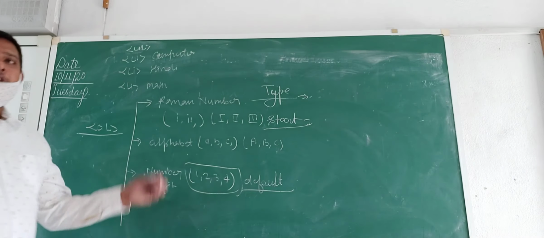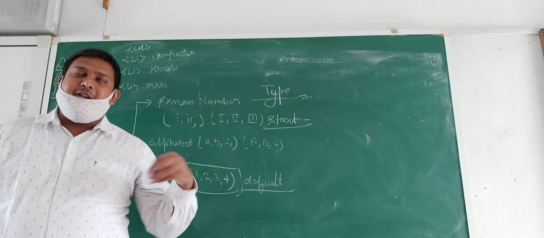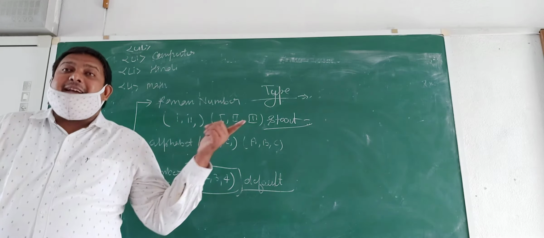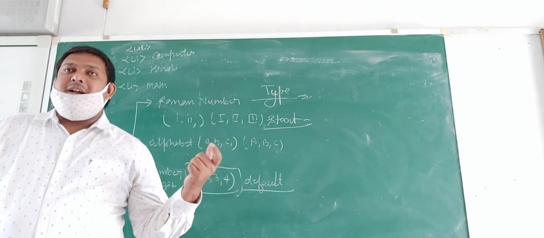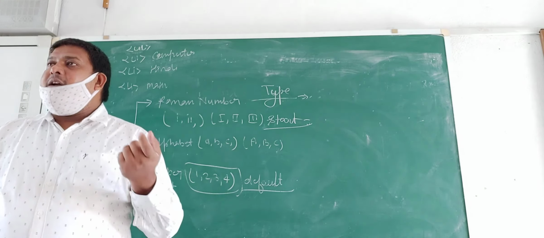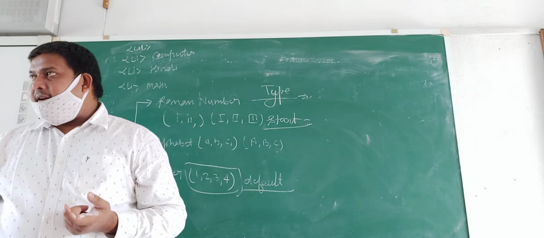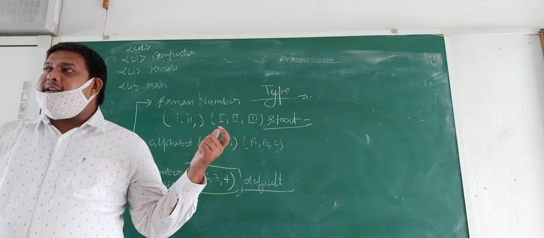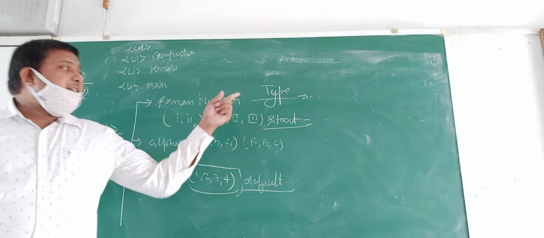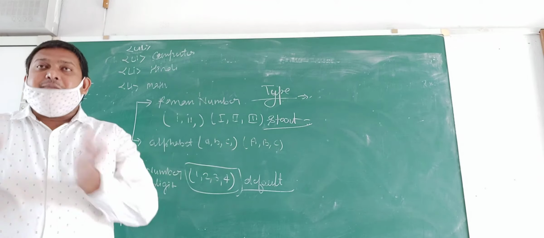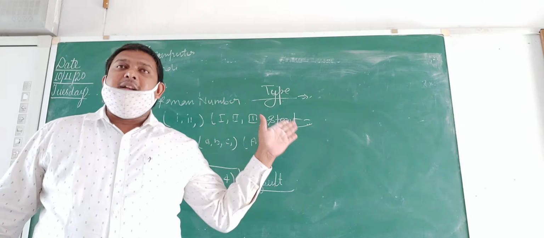If we have to start from some point, for example, I want to start from 10, 11, 12, 13, or from 100, 101, 1000, 1001, 1003, clear? So we will use Start, from which point we want to start the list.